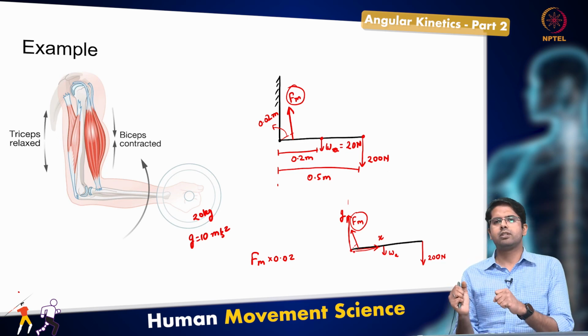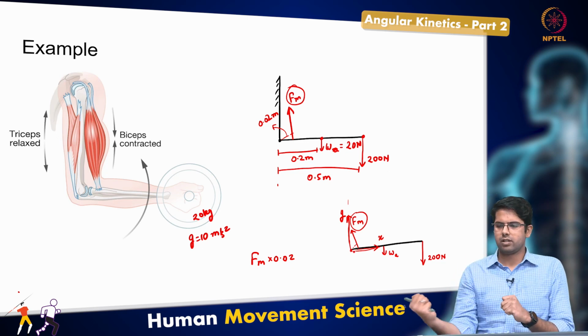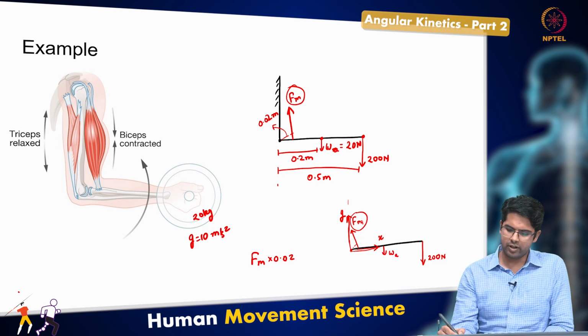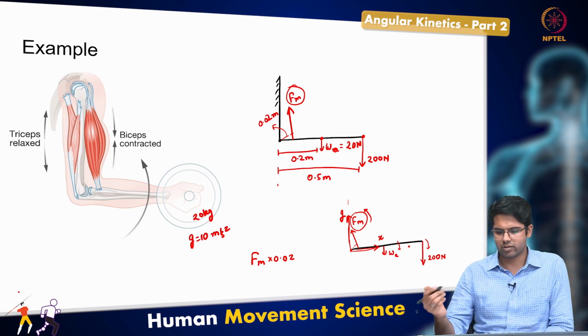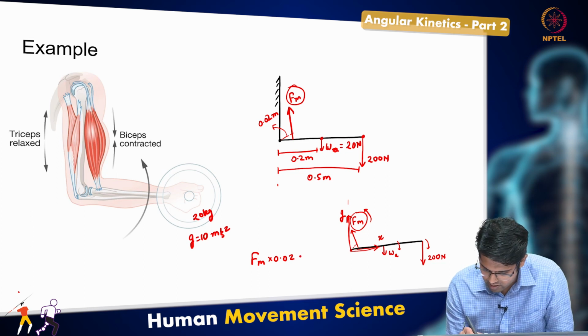Now this moment is causing it to turn in the counterclockwise direction, whereas the moments of these forces will cause it to turn in the clockwise direction. So their sense is opposite.